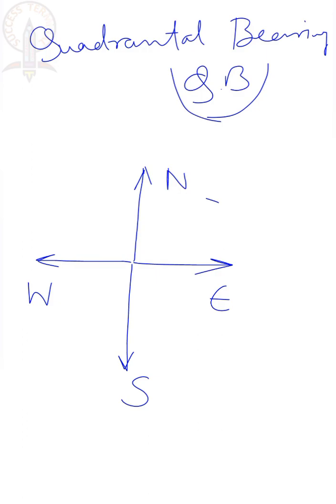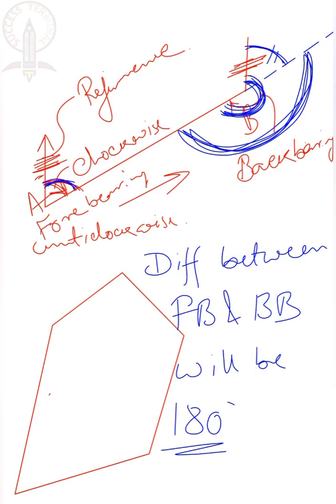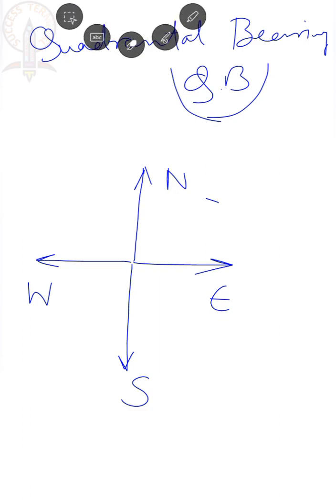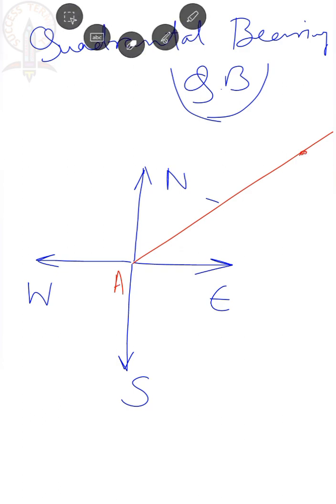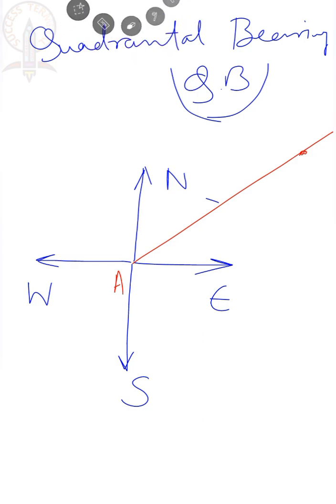Suppose the same angle, this line AB. Okay, just draw here the line AB. This is our line AB. This is the point A, and here we are getting the point B. Now this is our forward bearing, but in case of back bearing, what will happen?